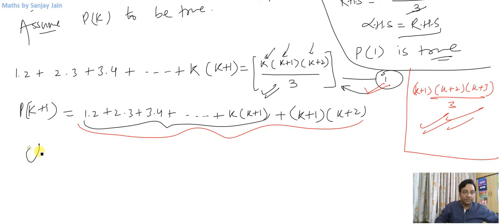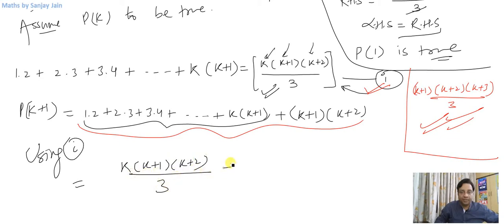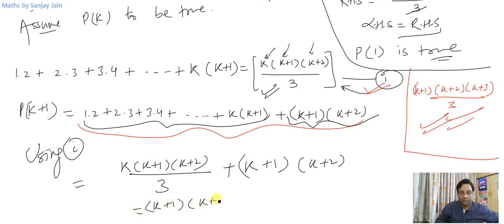So using the first equation, I can write this left hand side of p of k plus 1 as k into k plus 1 into k plus 2 by 3 plus this term, that is k plus 1 into k plus 2. Now you see k plus 1 into k plus 2 can be taken as common.